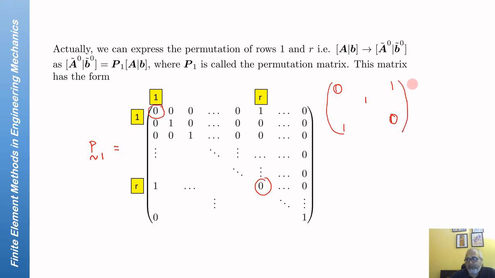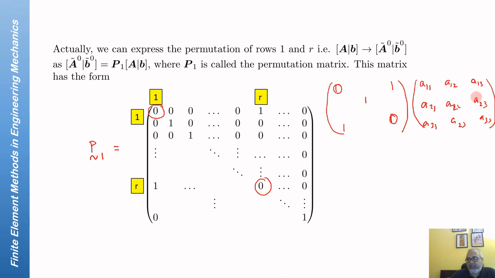And this multiplies a 3 cross 3 matrix. Let's say A11, A12, A13, A21, A22, A23, A31, A32, A33.